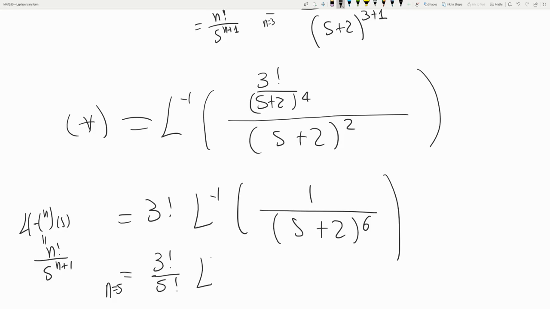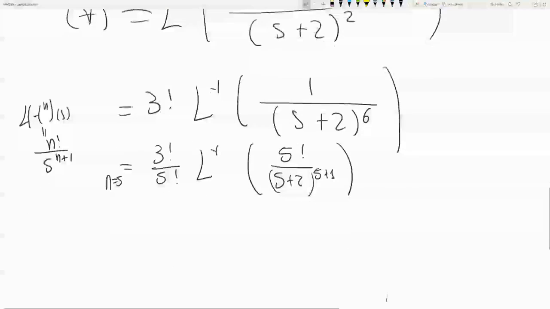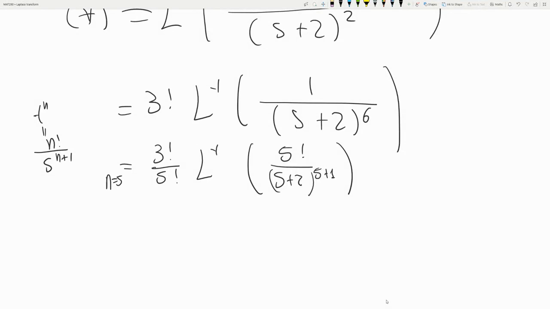So let me write it: 5 factorial over s plus 2 to the 5 plus 1. Let me write it this way to make it more clear.